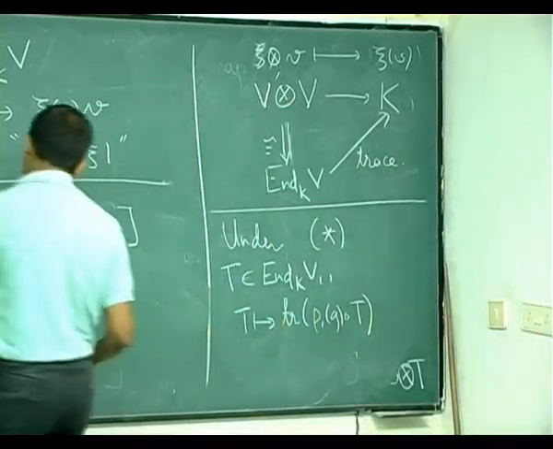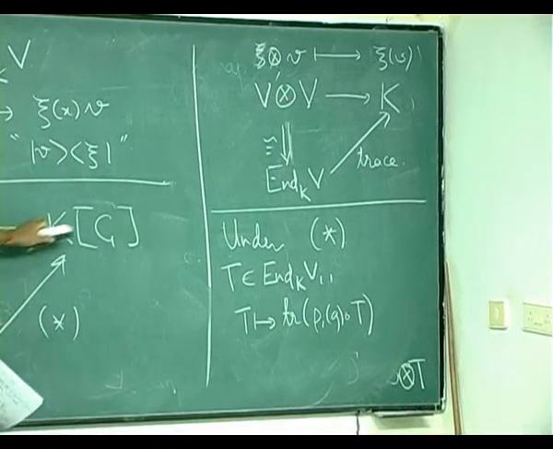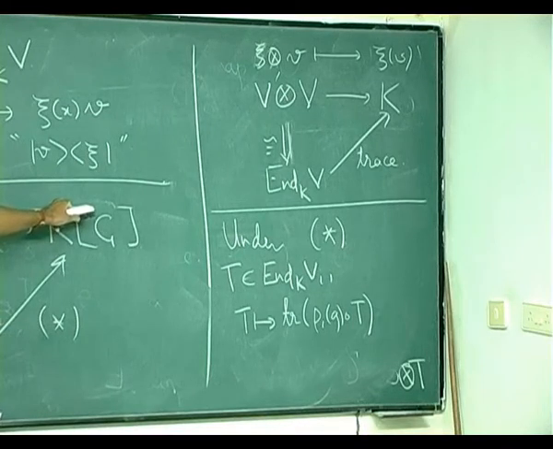So as G cross G representations, the identity here goes to the trace of the representation itself.